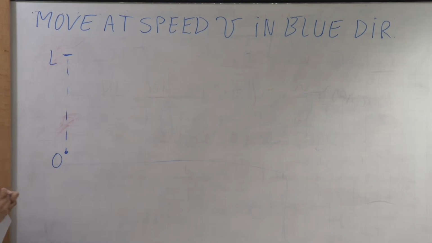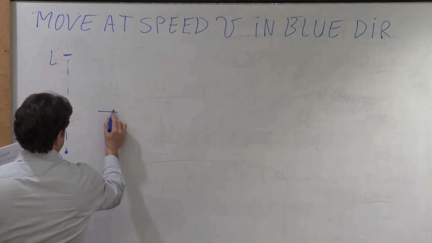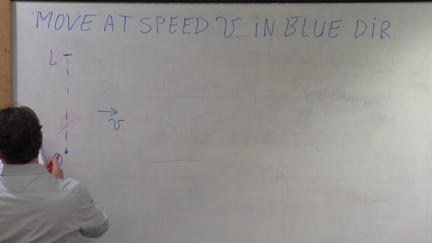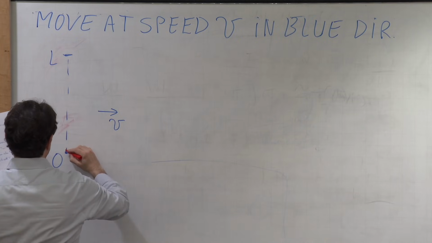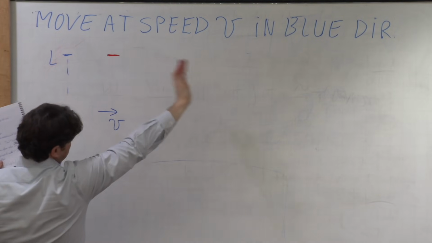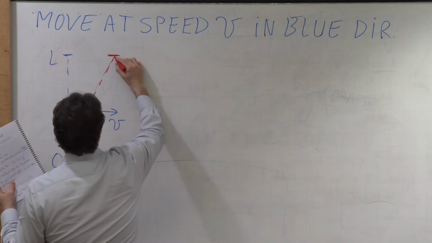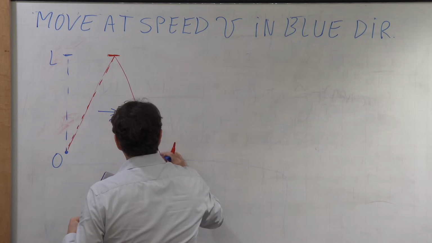But because the ether is moving at the speed v, okay? Sorry, so we move at the speed v with respect to the ether, then the mirror is moving to the right, and then light has to hit it like here, and then come back to the point origin that has moved.